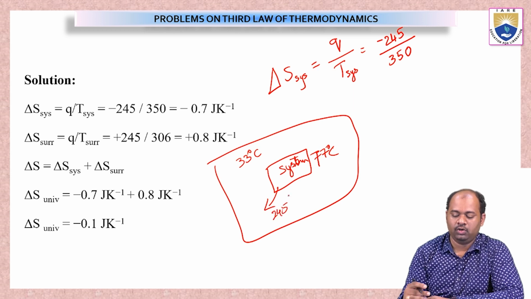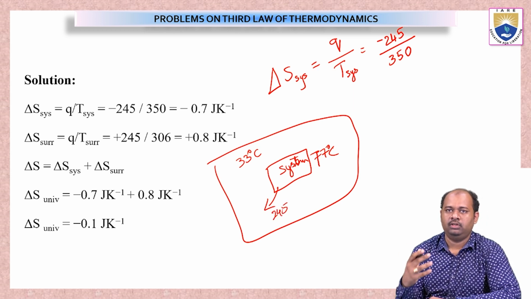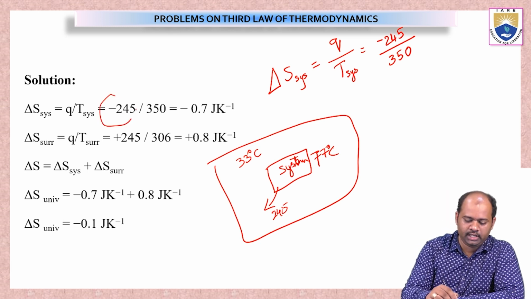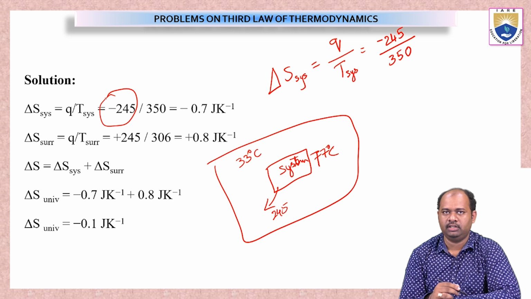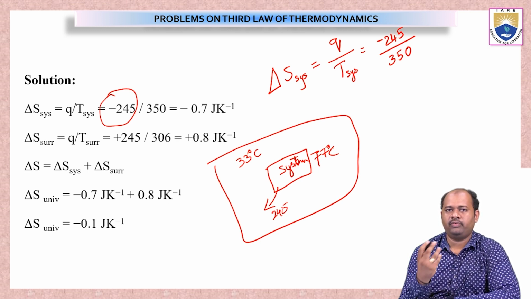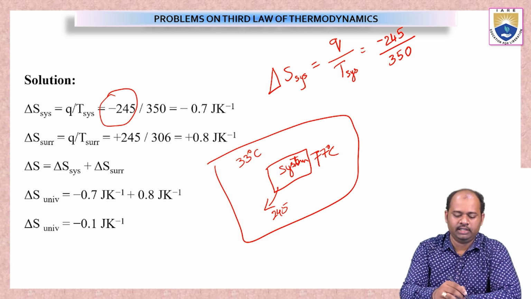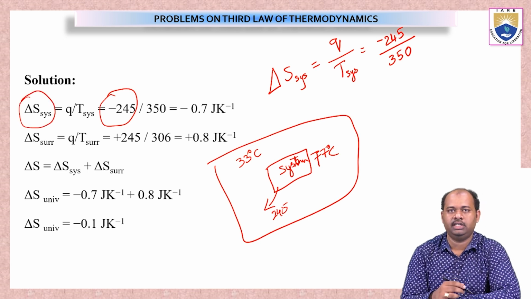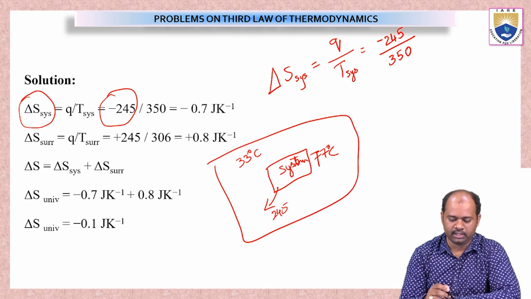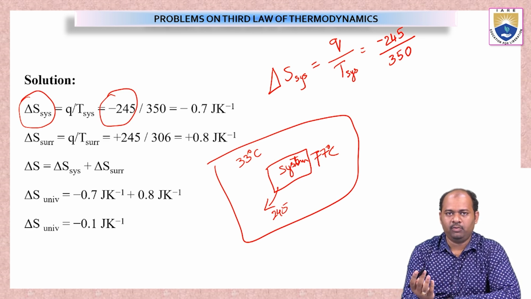So when we are studying the system, we have to give a negative sign for the amount of heat being removed from the system. So that is minus 245. Minus 245 indicates that the heat is removed from the system. We are calculating the change of entropy for the system, so when we are studying the system, we see the amount of heat removed from the system, so it is given a negative sign.